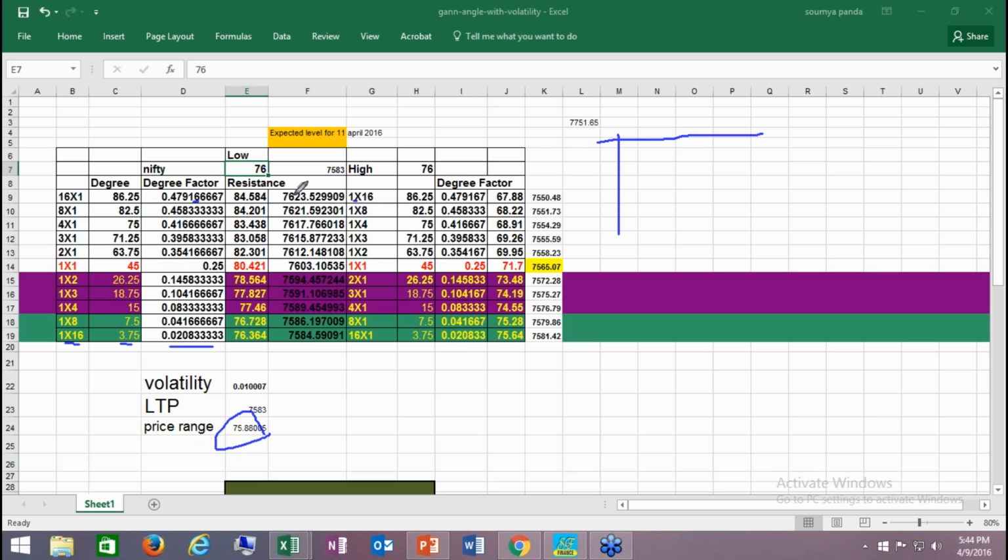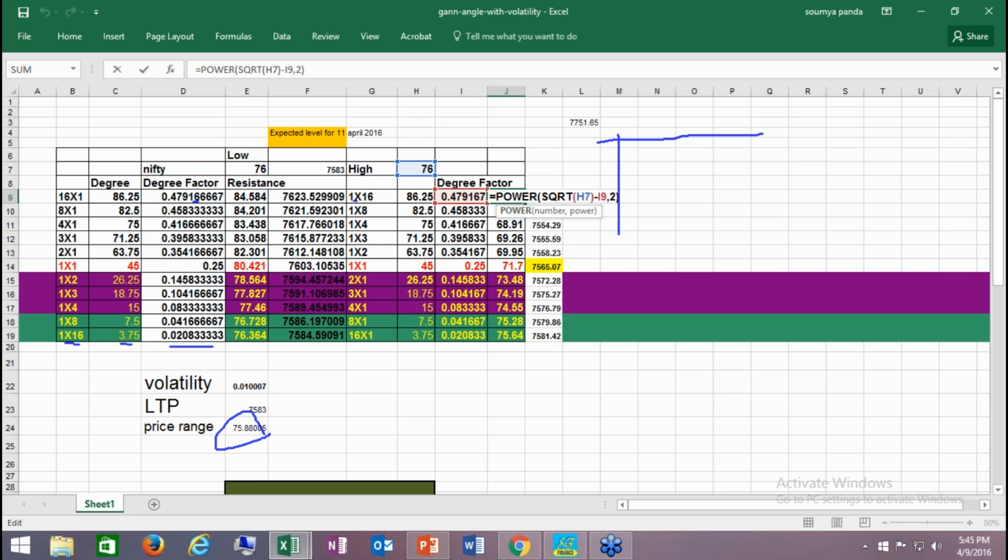Once we have made those calculations ready for us, then we have to go for the other part of the calculation.